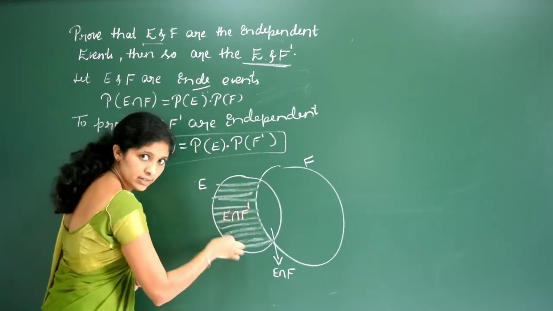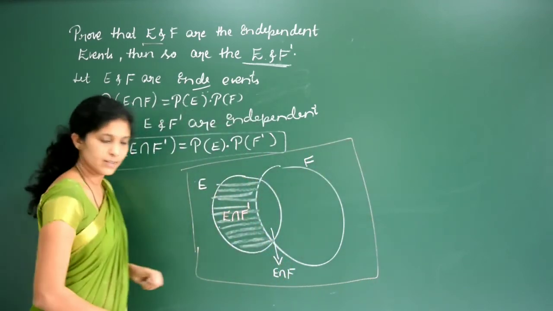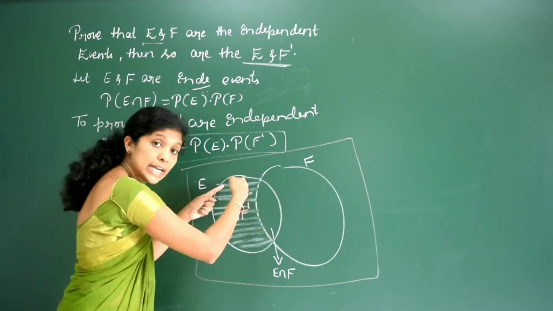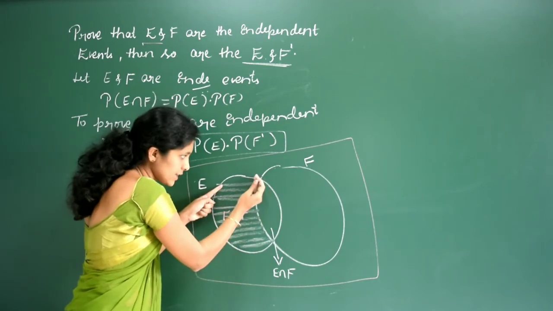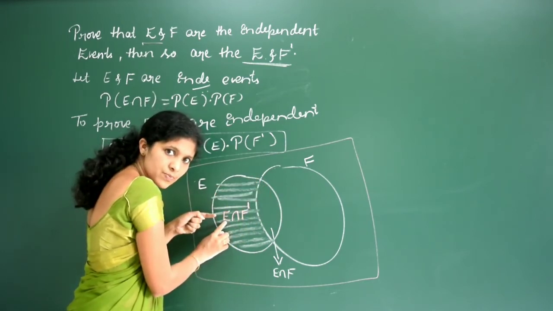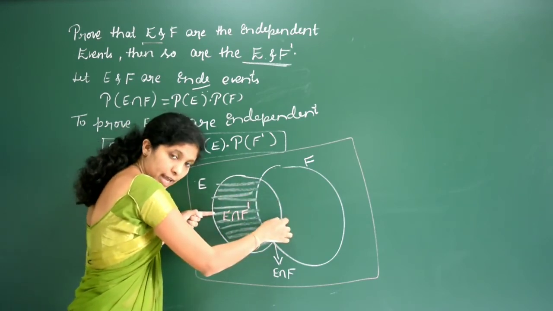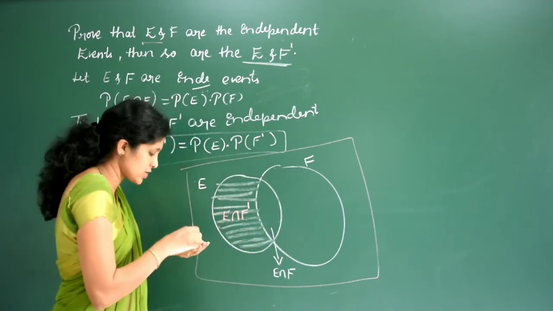E is this one, right? And here the whole universal set is there, right? And this is E. Is it clear? So this is E intersection with F dash. F dash means you have to leave this one. So other than this, the intersection of these two will be E intersection F dash. Is it clear? This is E intersection with F dash, meaning other than F. So you will get this one as E intersection F dash.